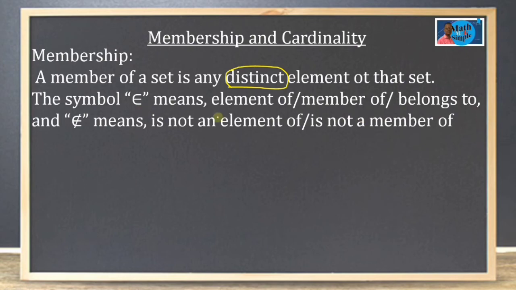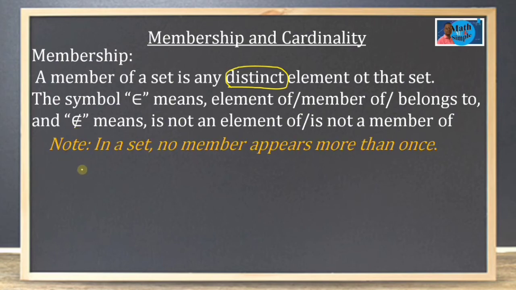Element of, member of, and belongs to are the same thing. And this symbol ∉ means not an element of, or is not a member of, or does not belong to. We will always see these symbols coming into play when we're talking about set membership.